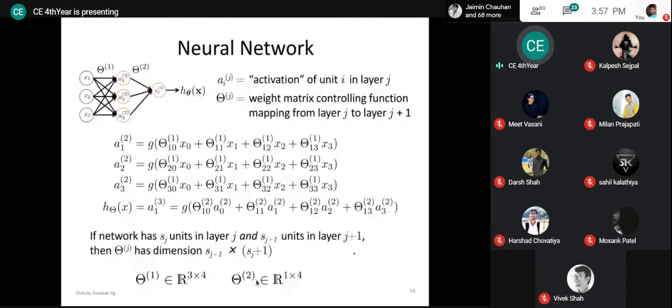So if you just consider this very tiny network where we just have 3 inputs and 1 output, still we need 16 parameters, or you can say 16 weight values. And whenever we consider a deep learning model, this 16 turns out to be 16 million or sometimes 16 billion.